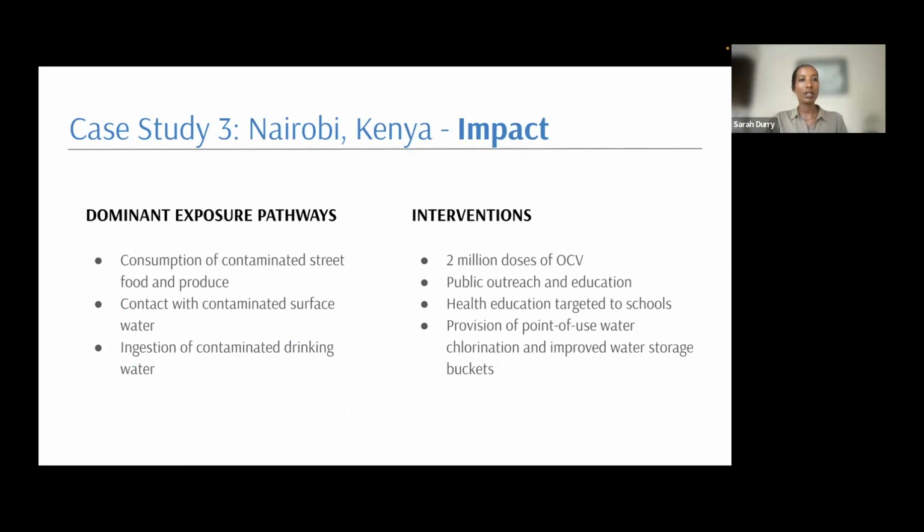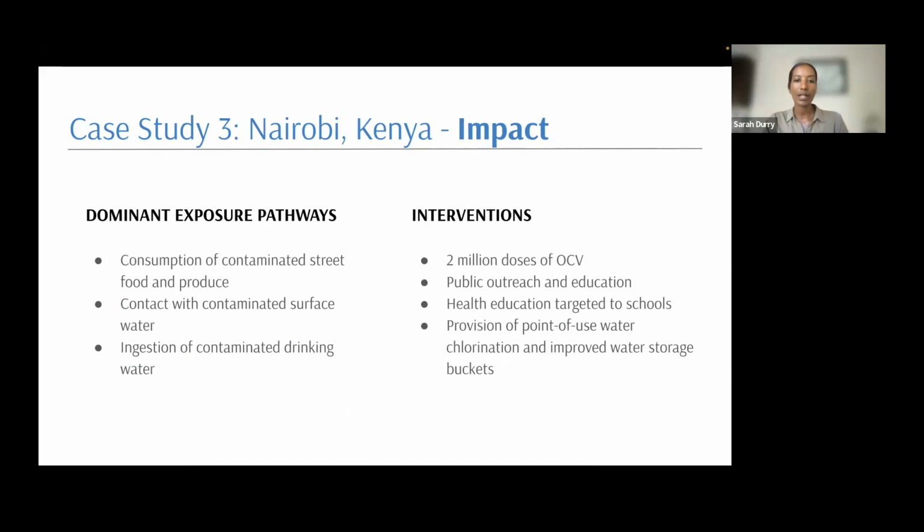So as we saw in the slides above, the dominant pathways were contaminated street food and produce that were of interest, and also contaminated surface water and ingestion of contaminated drinking water. So these results were useful in thinking about effective interventions in this context.